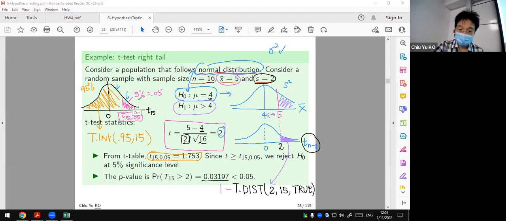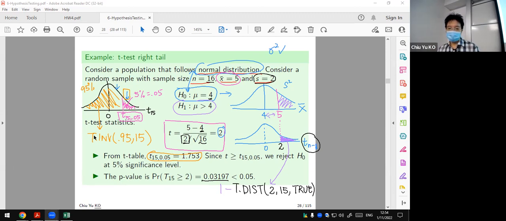Sorry, it's this case. So the critical value is smaller than your test statistic, so that means the right-hand side of the test statistic will be much smaller than 5%. So then you also reject.